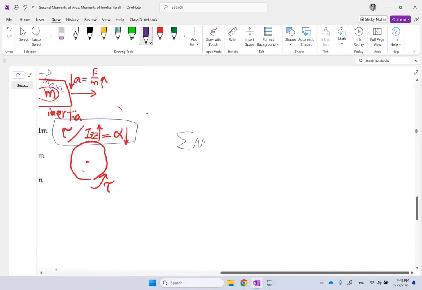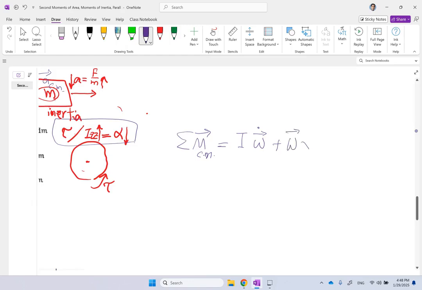Sum of the moments, all of them, x, y, z, about the centroid is equal to the I matrix times omega dot, or alpha, where omega is the angular velocity, plus omega itself cross I omega. And this I here has a 3 by 3 dimension, and omega or omega dot, they are only 3 by 1.